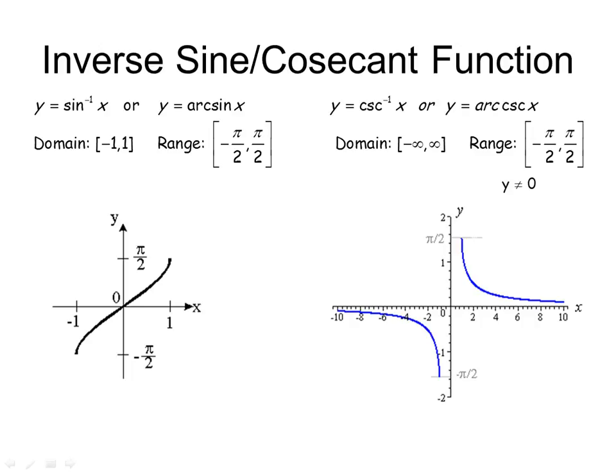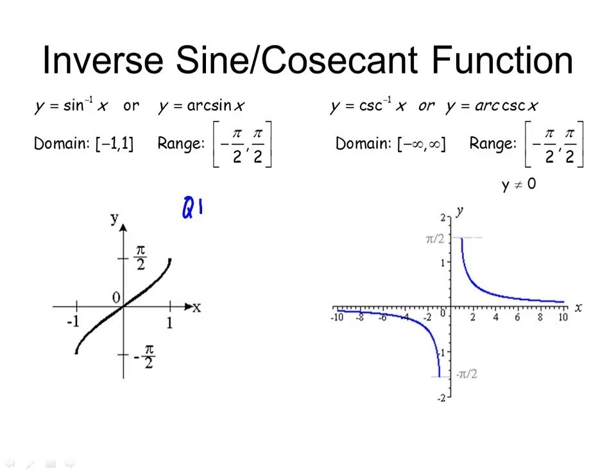Okay? Now, range, if you look at your unit circle, and the range goes from negative pi over 2 to pi over 2, you're thinking, okay, are we going to go from here to here, or are we going to go from here to here? Well, it's going to go with quadrants 1 and 4.